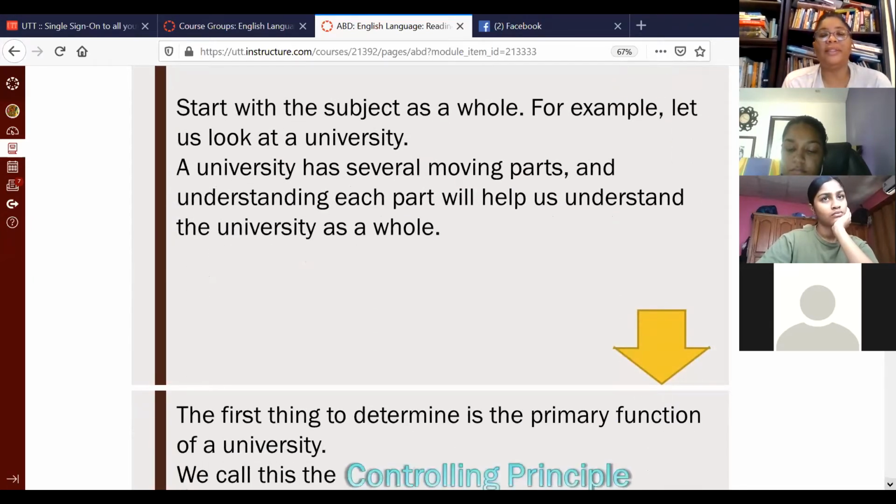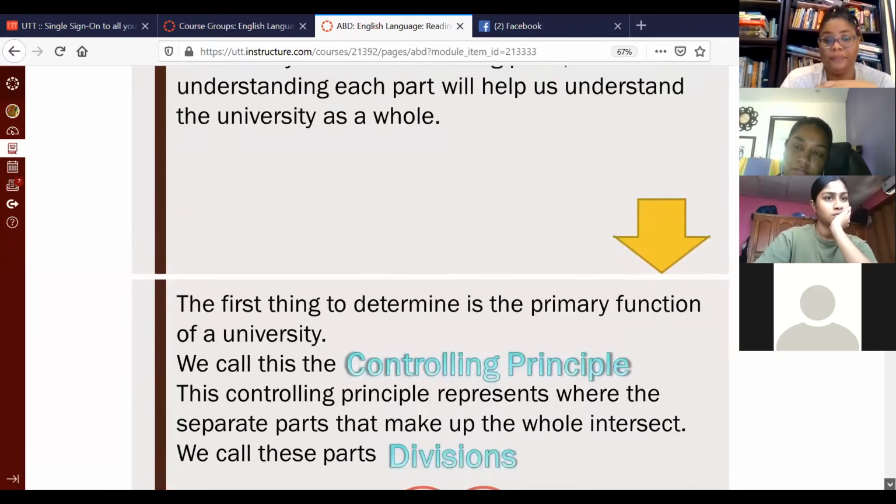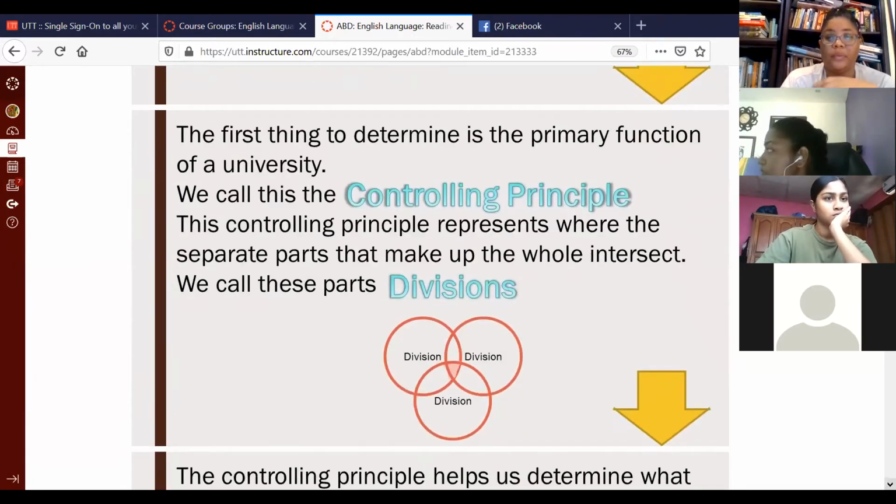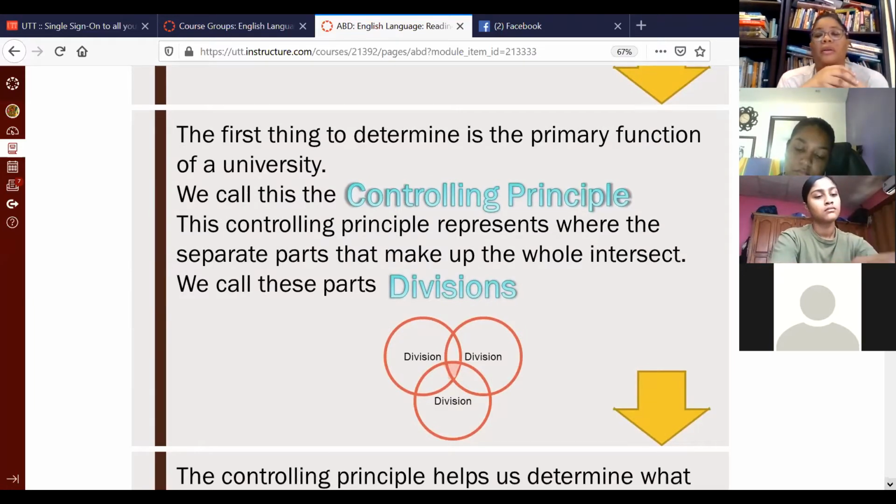So a university has several parts or departments that work together to make an entire university. So what you want to do is start with the whole idea. So we're looking at a university. This is the whole. And when we want to start identifying what are the parts in the whole? So ask yourself, what is the primary function of a university, right?